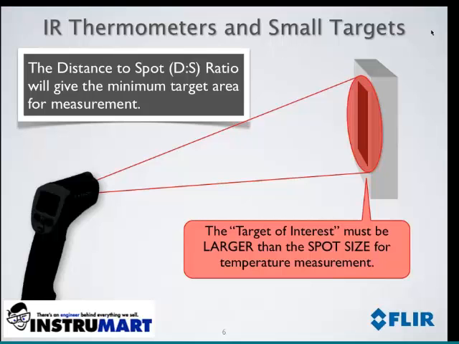When you see the lasers coming off of most spot pyrometers, those are typically there to give you an indication or an idea of where your area is centered. Some of the more advanced thermometers will actually create a circular area to indicate the area that you're averaging. And it's important and critical to keep in mind that it is that entire area that is averaged as a part of that measurement.